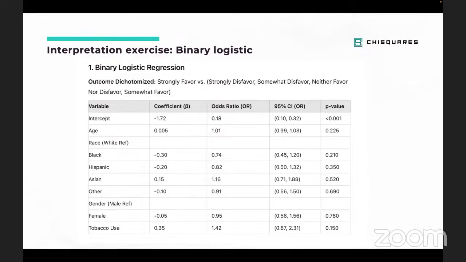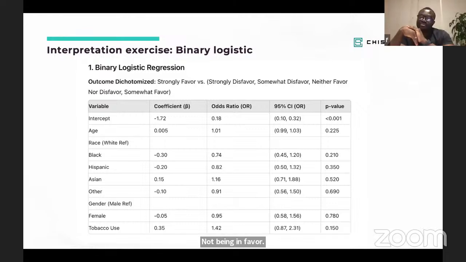Okay, Samson again. Right, so compared to being a white, being a black was found to be associated with 26% increased odds of being strongly in favor of the ban on smoking than not being in favor. Thank you.